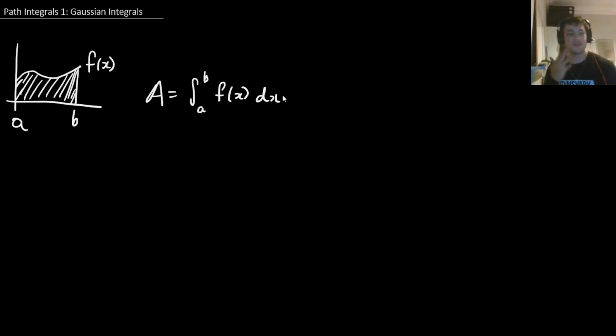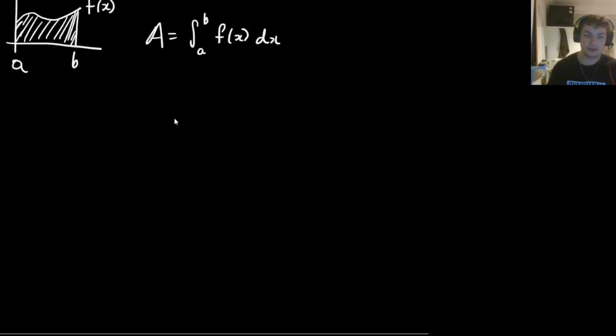Then the area is the integral from a to b, f of x dx. That's not a super rigorous definition, but it's the one I'm going to give. Path integrals are not at all mathematically rigorous, so we're not going to focus on rigor. It's much more about intuition and important results.